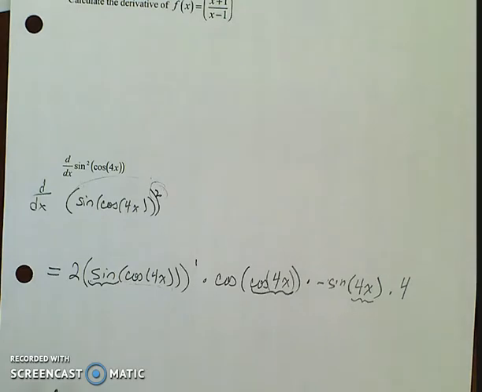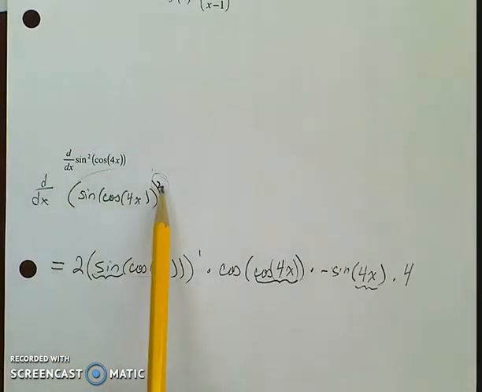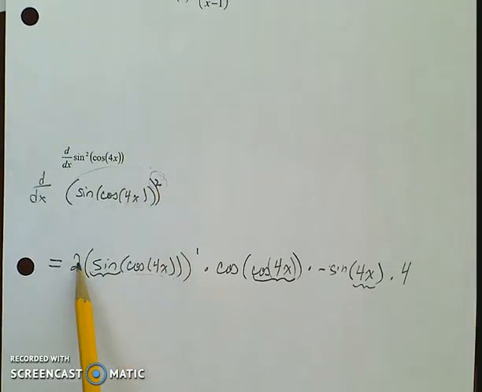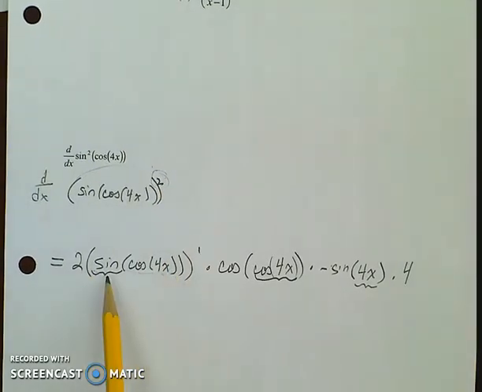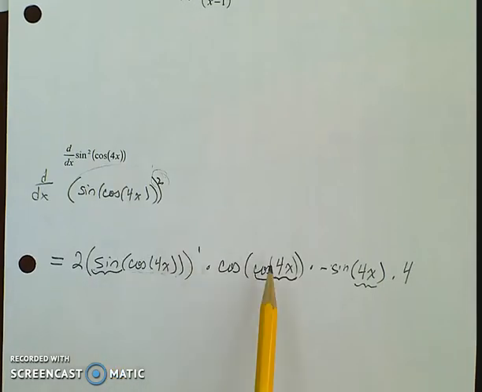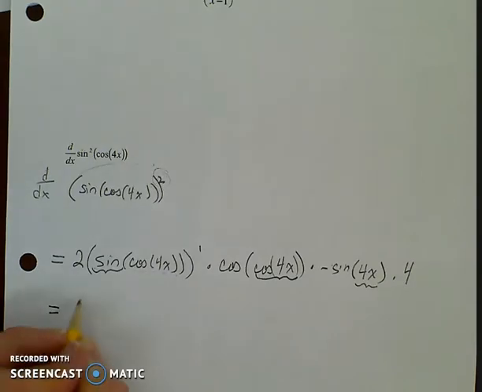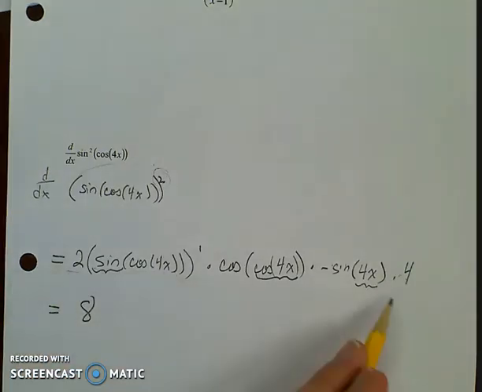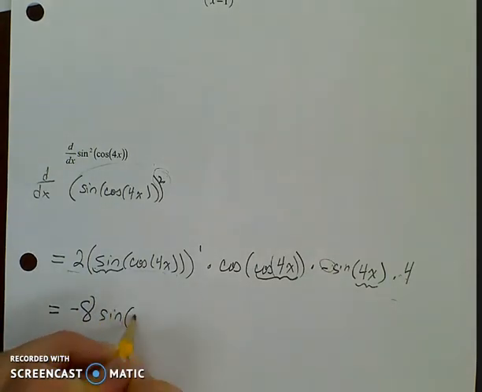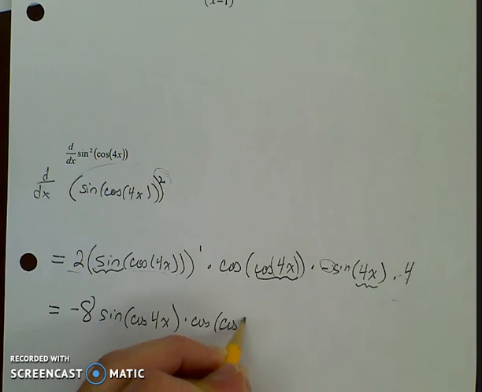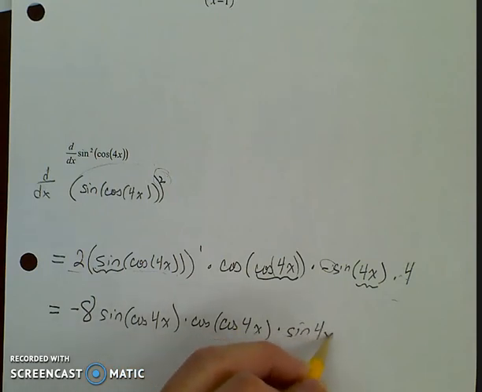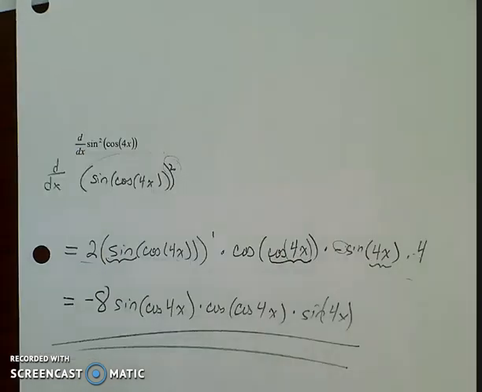So if we look at all of this, you have the derivative of the outside, which we did here, kept the inside the same. Then we get to the next portion, derivative of that, kept the inside the same. The derivative of cosine, kept the inside the same. Derivative of the inside, and then we're done. So our final answer here is 8. That's where the 4 and the 2 come from. The negative, so we took care of that. Sine cosine of 4x times cosine of 4x times sine of 4x. Okay.